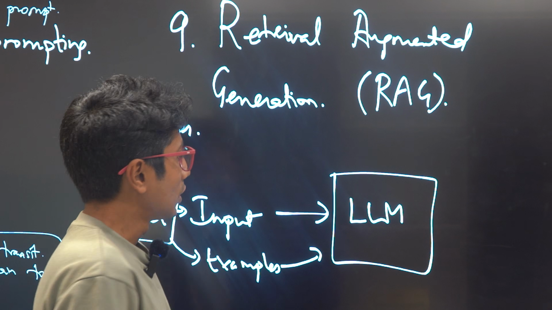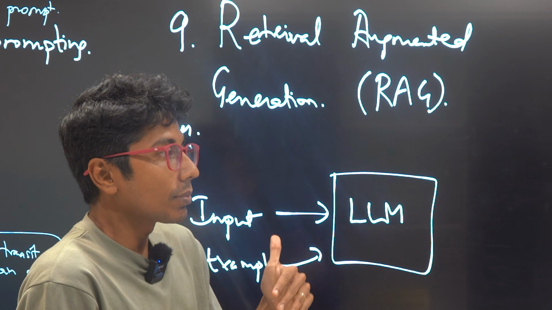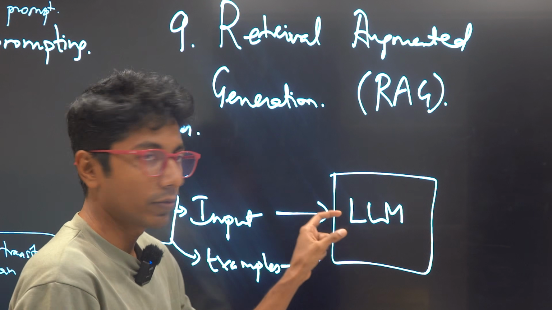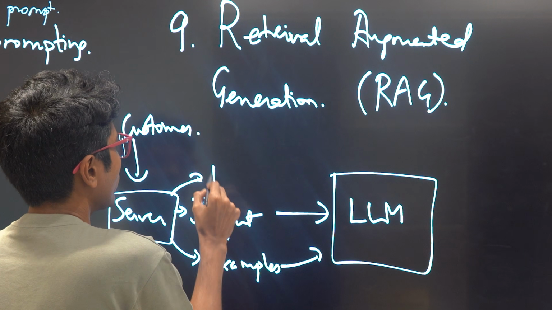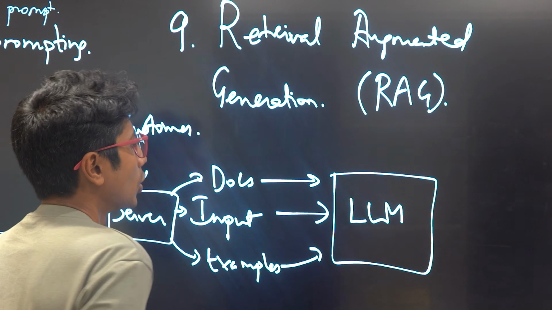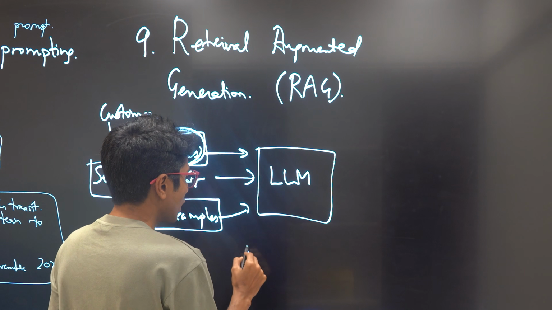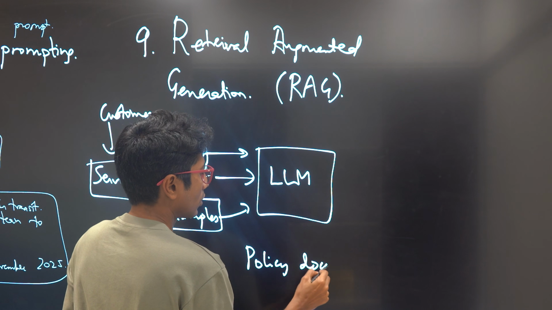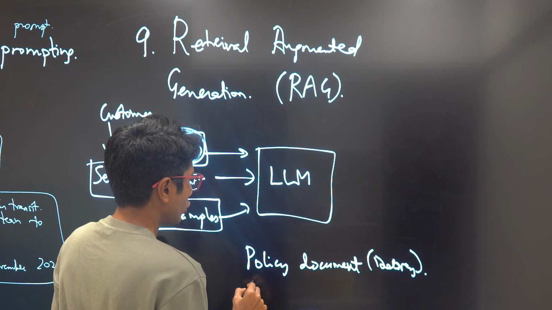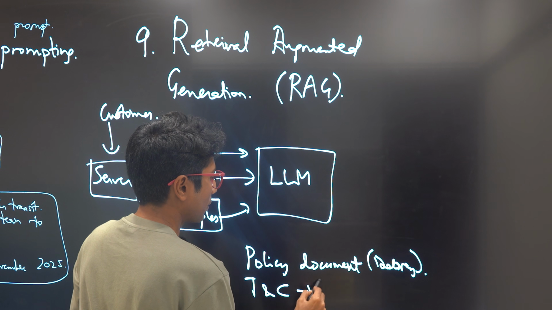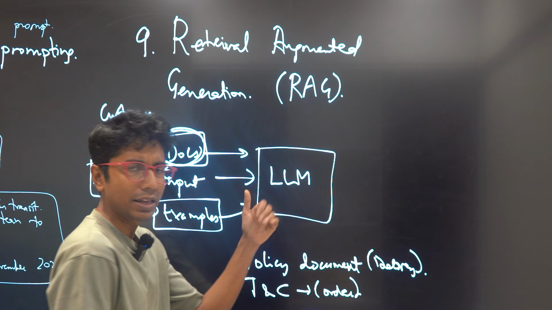And along with that, since there are some company policies that I want the large language model to know of, I'll give you those documents. So in real time, the server fetches the most relevant documents, maybe your policy document, maybe your terms and conditions when placing an order, and maybe many more things.